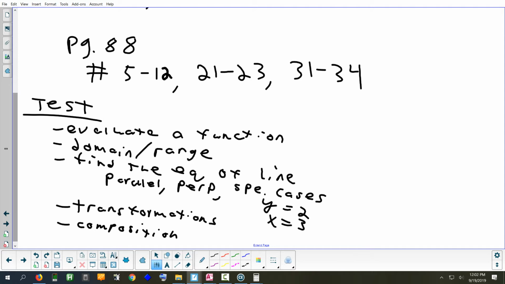So domain, range. There's going to be a word problem about a rectangle. So you should be familiar with the area. You're going to have to know length times width, but you can make a reference sheet. Calculate zeros using the graphing calculator.